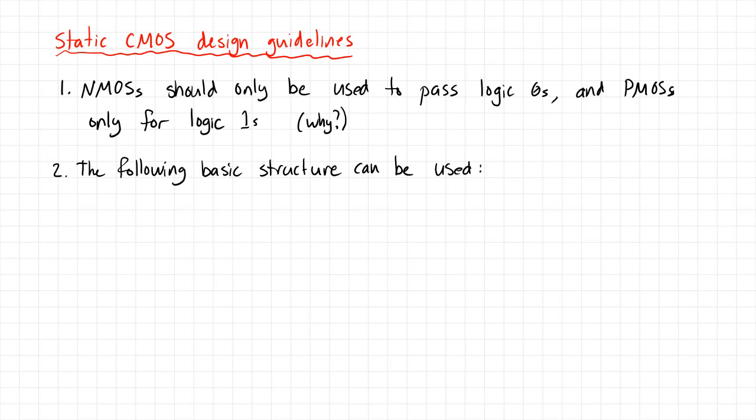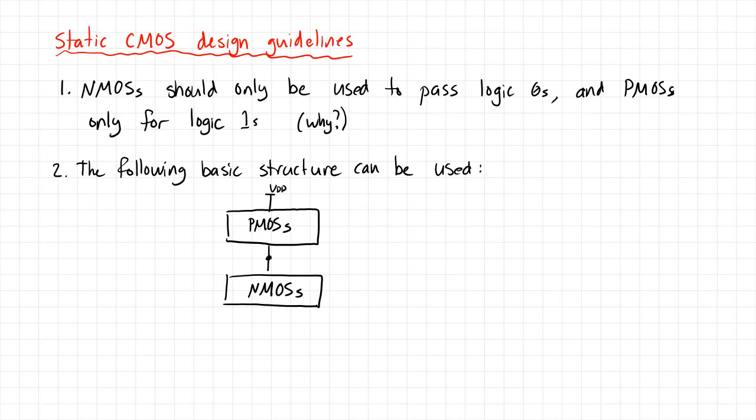Okay, so we're going to say VDD is up here, VDD. What we're going to do is we're going to have some network of PMOS devices here, some network of NMOS devices down here. This is the output. NMOSs are connected to ground, and we have inputs. And it's possible there may be multiple inputs here.